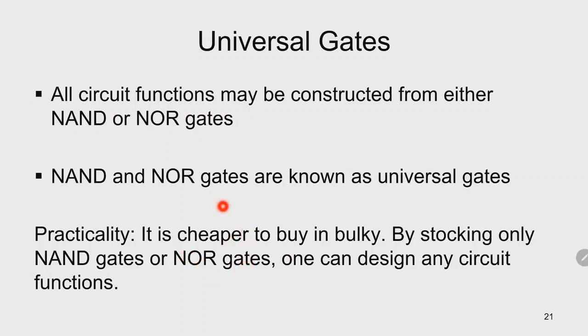You don't need to buy inverters, AND gates or OR gates, and if you buy in bulk, it will be cheaper. Then you can design any circuits, any functions, using the NAND gates that you have. If I choose to stock up just NAND gates, I can build and prototype any circuit using just NAND gates. That makes prototyping cheaper. So that is from the practicality point of view.